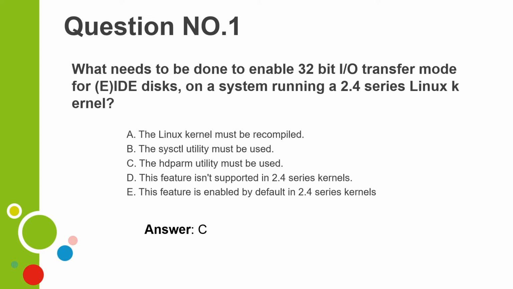C. The hdparm utility must be used. D. This feature isn't supported in 2.4 series kernels. E. This feature is enabled by default in 2.4 series kernels. Answer C.